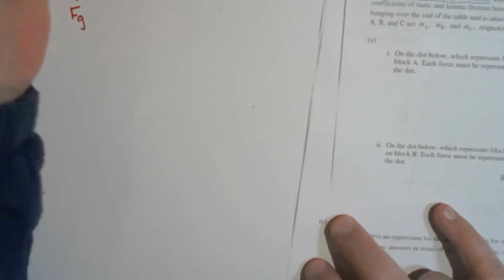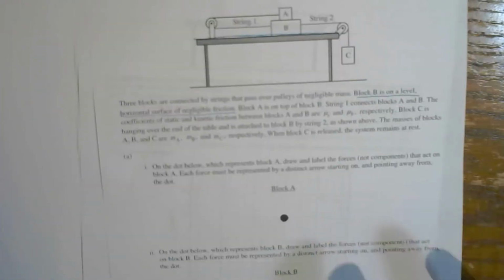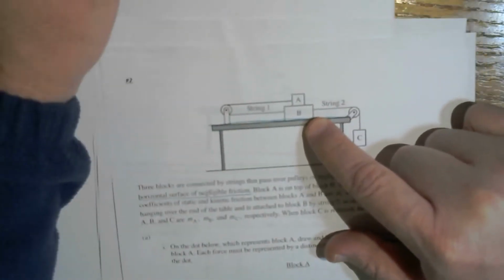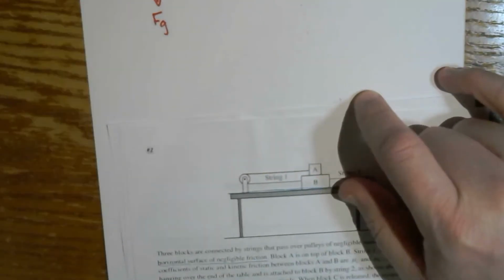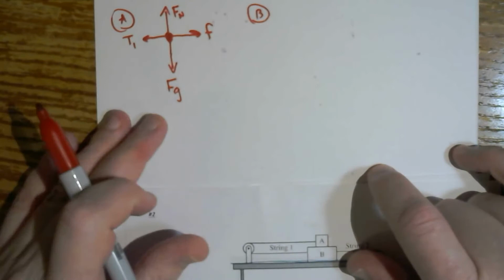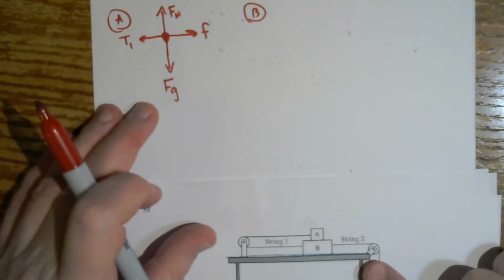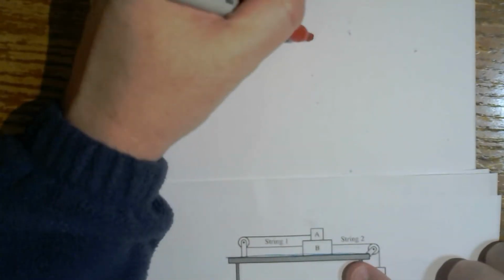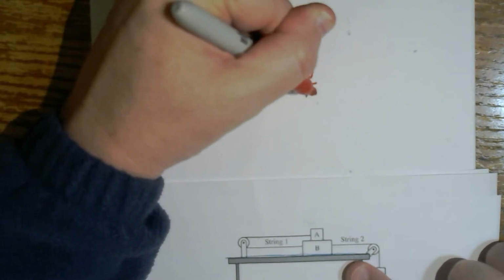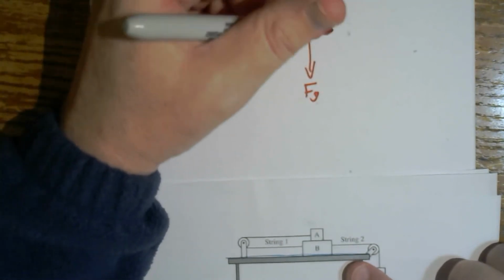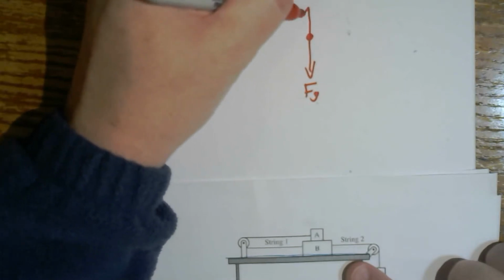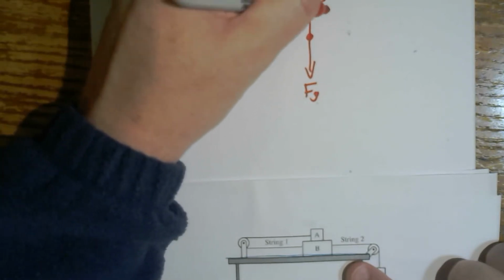All right, so for block B, that's this guy up here, obviously you're going to have a force of gravity. Let's see if I can get this in the frame here. There we go. So you're going to have a force of gravity down, just like usual. You're also going to have some kind of a normal force pushing up from the table.